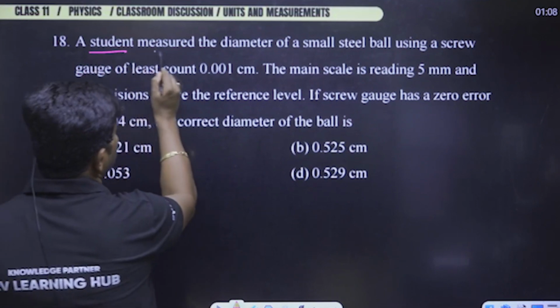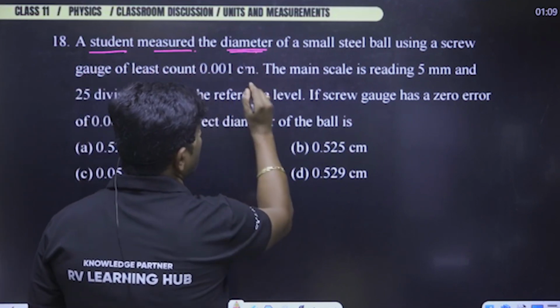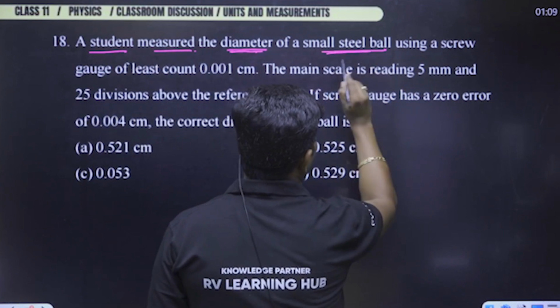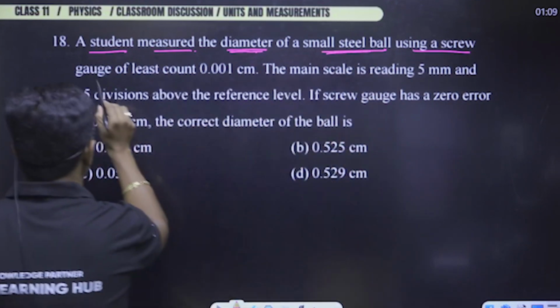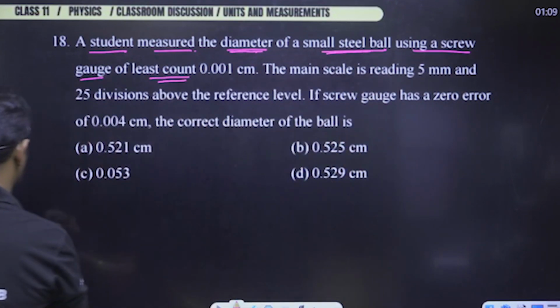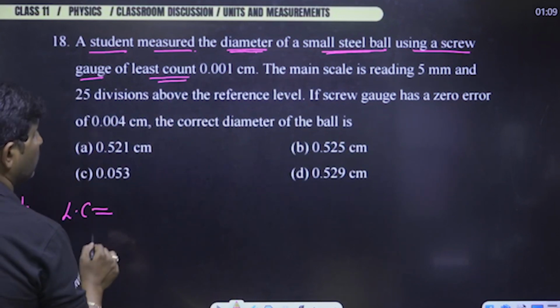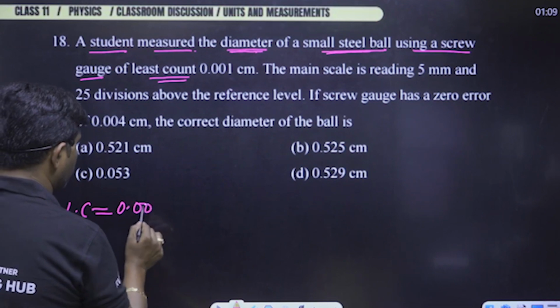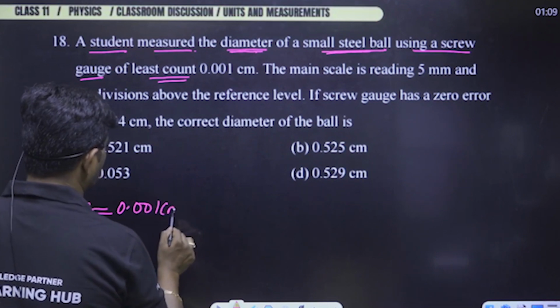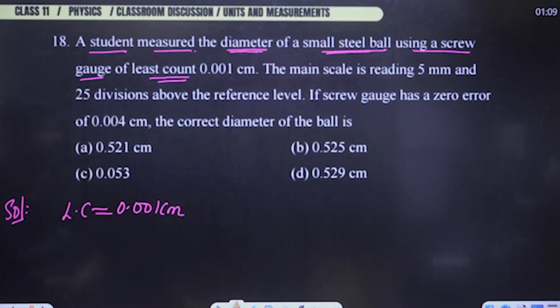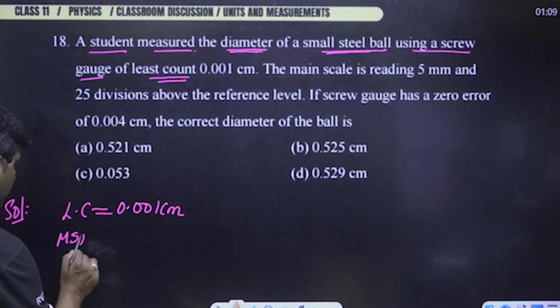A student measures the diameter of a small steel ball using a screw gauge of least count. Okay? So please go through it here. What is the least count they have given? Least count is equals to 0.001 centimeter. What is the main scale reading here?